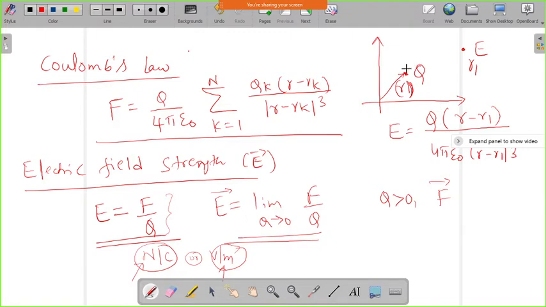If I calculate the force due to this charge at this point, q into q, it is q square, if I place the test charge same as q. Then it will become q square.